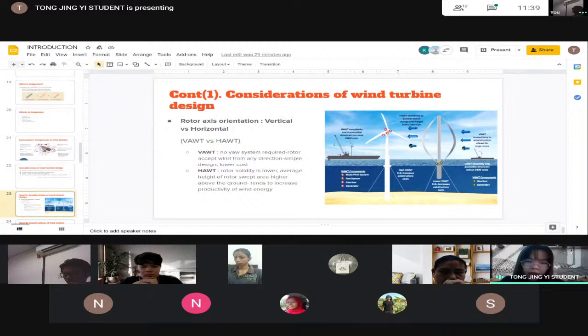While for the HAWT, rotor solidity is lower. The average height of the rotor swept area is higher above the ground, and it tends to increase the productivity of the wind energy. So this is the diagram. This is HAWT and this is VAWT, which can accept the wind from any direction.